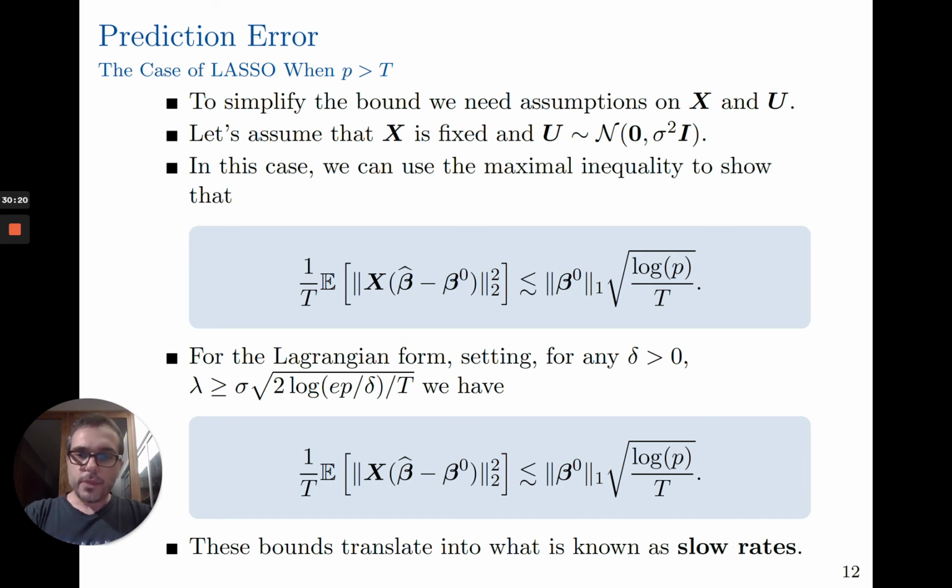These bounds are known as the slow rates. Can we improve on that? Yes, we can, but we have to impose more restrictions. If we impose more restrictions, we not only will be able to improve these bounds, but also derive a bound for our second error term, when we are just looking at the estimation error, beta hat minus beta naught.